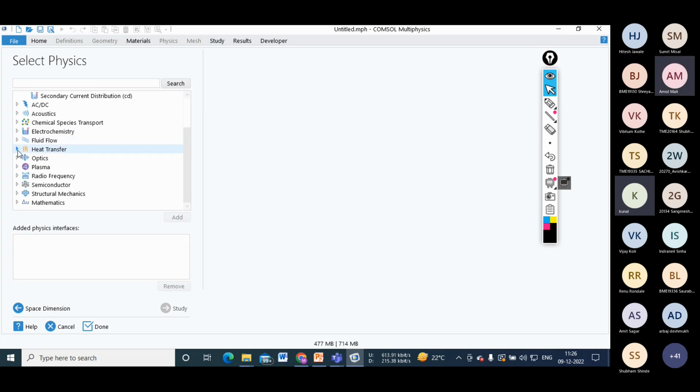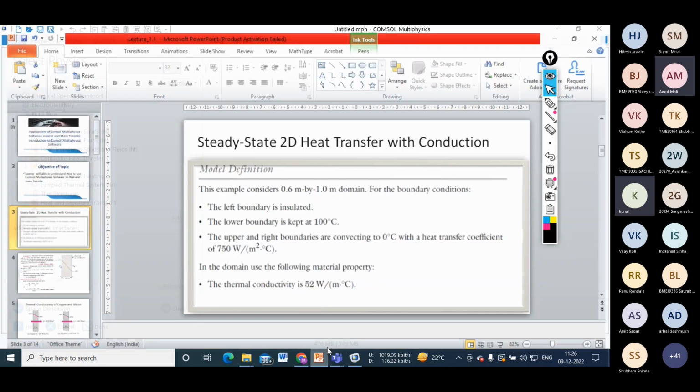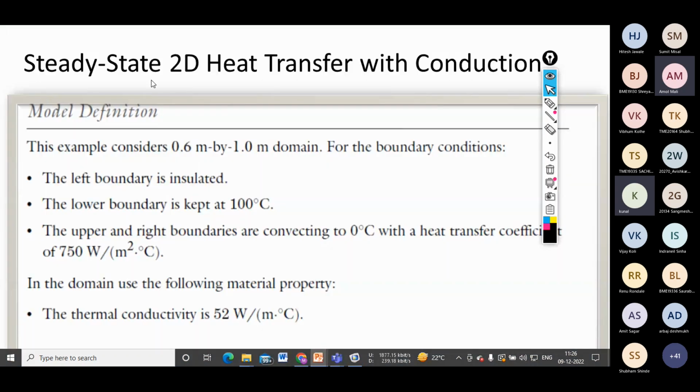यहाँ तक समझ में आया, how many physics are included inside COMSOL Multiphysics? Are you getting? Yes, sir. Okay, so today we will see the heat transfer module and we will click. The problem which I have taken here is steady state 2D heat transfer with conduction. First, I have taken 0.6 meter as the width of the wall and 1 meter as the height of the wall.